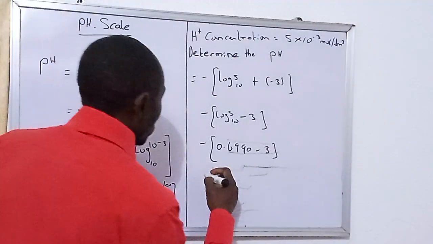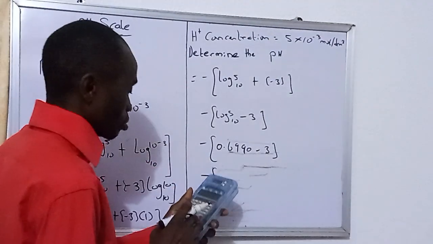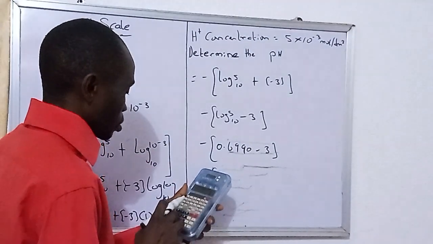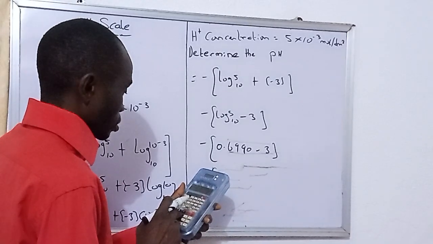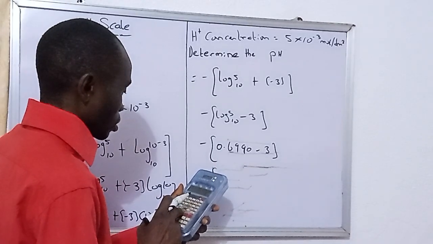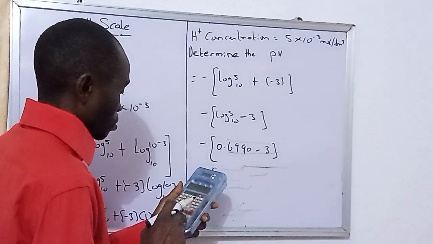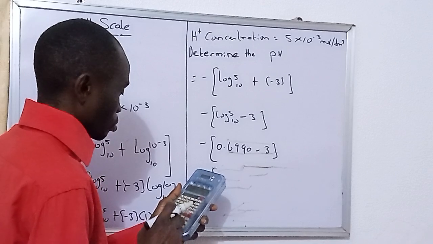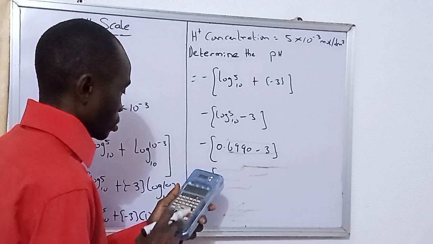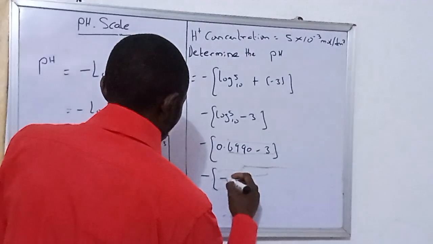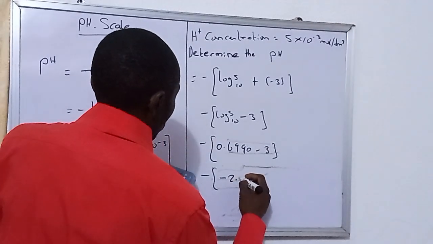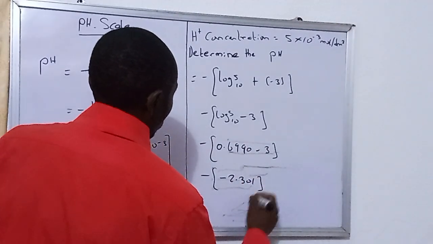So we have 0.6990 minus 3, which is minus 2.301.